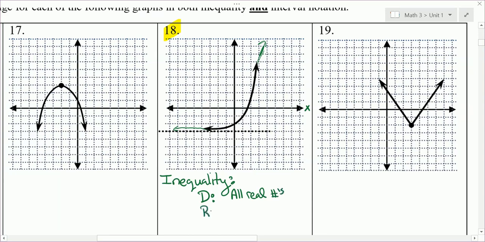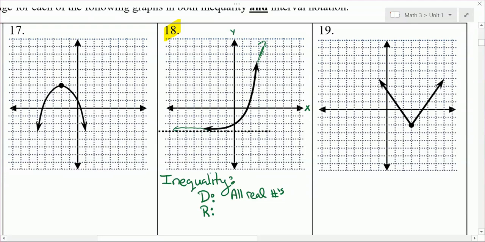For the range, I'll use capital R. Now we're looking at the y values. Range deals with y. And we're going to ask, if we continued this graph forever, how low would it go? Here it's got a boundary line that it's not going to go below. We call that a horizontal asymptote.